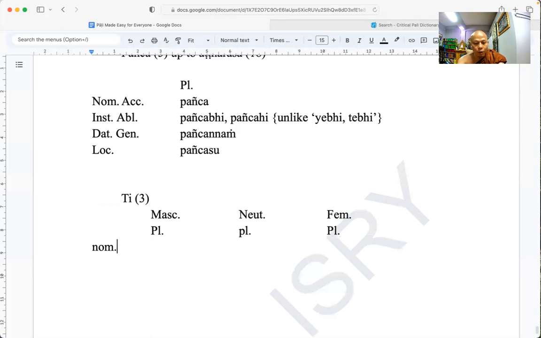So nominative case. So very irregular. Teyo.